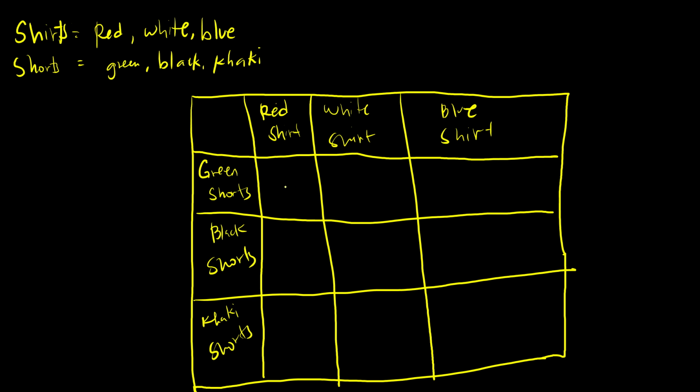So pwede siya naka-red shirt, then green shorts. Then pwede siyang naka-white shirt with green shorts. So nakita mo yung ginagawa ko, ang ginagawa ko po ay letters na lang para mas madaling ipaliwanag. Then pwede siyang naka-blue shirt pero she's wearing green shorts.